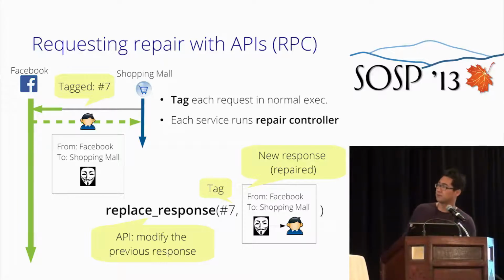For example, when the shopping mall sends a request to Facebook, we assign an identifier to that request. If Facebook wants to modify the response, Facebook has to invoke the replace response API in the repair controller of the shopping mall, including the unique identifier and the new response that Facebook wants to substitute.